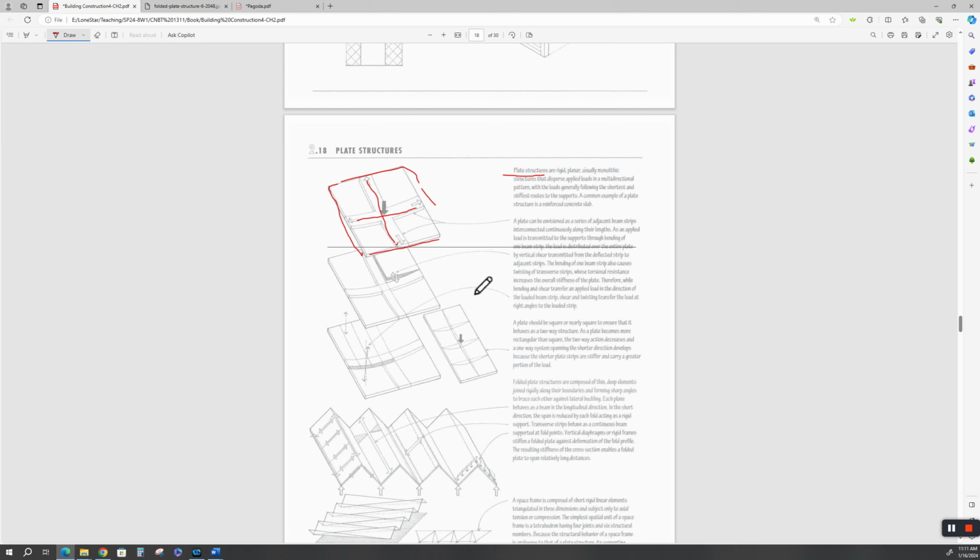Okay. Talks about vertical shear. A plate should be square.